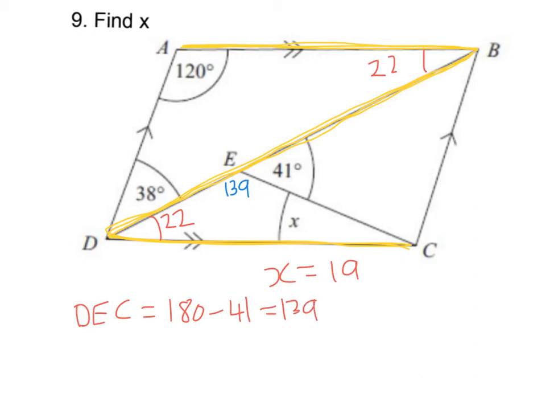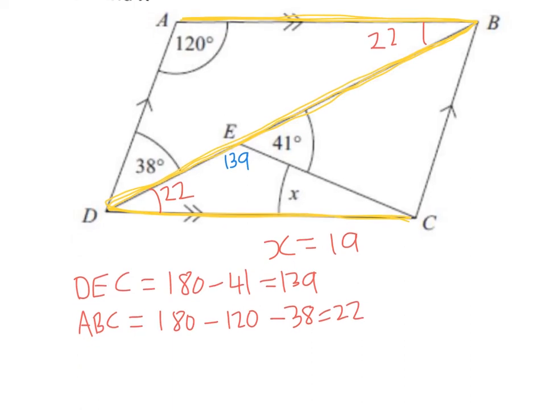We then said that ABC, this one up here, was equal to 180 minus 120 minus 38. That's what gave us 22. We can then say that angle ABC equals BDC.